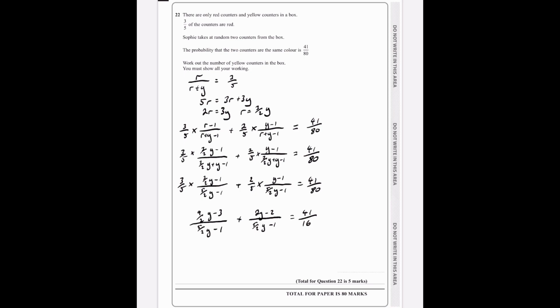Now, we have a common denominator and two fractions added together, so I'm going to add the numerators. 4.5 plus 2 is 6.5, or 13 over 2. And that's equal to 41 over 16. Then I'm going to multiply both sides by 5 over 2 Y minus 1 and by 16.